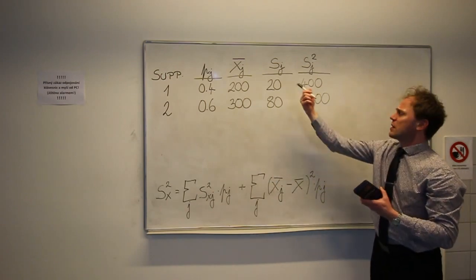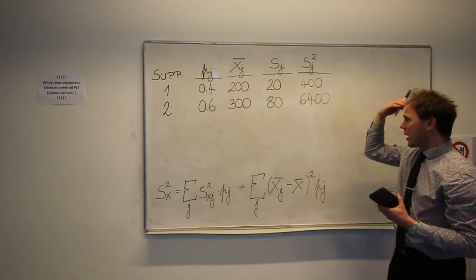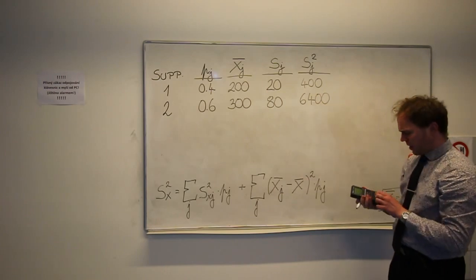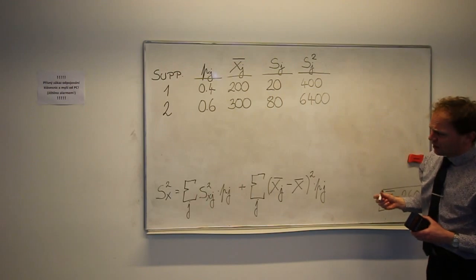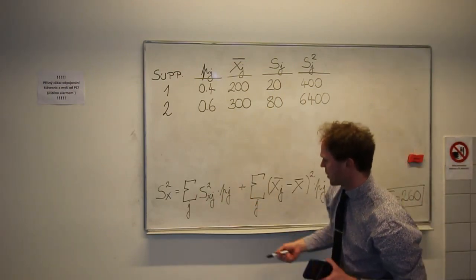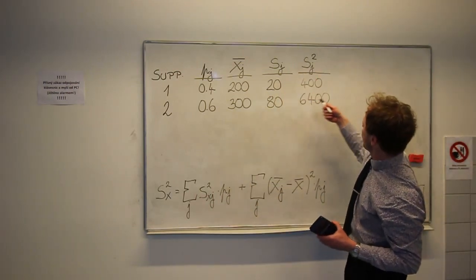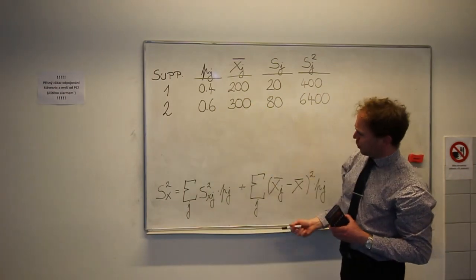This was in thousands, so I know that this is in millions, so this is important. Now I will solve this. You can see individual variance weighted by proportions.